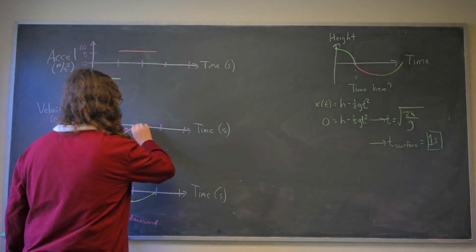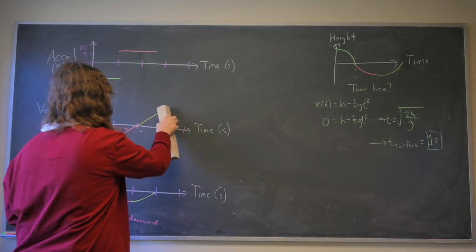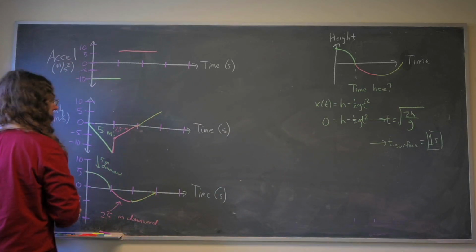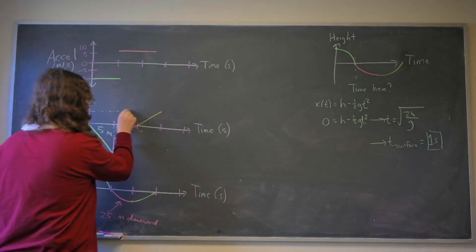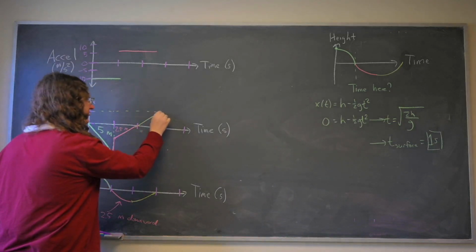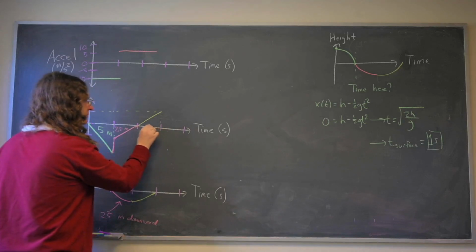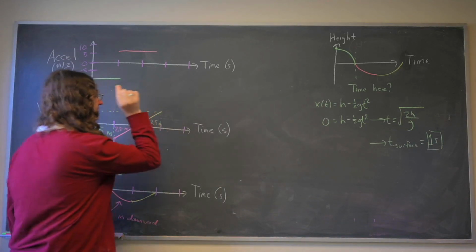So let's continue this. Right, that's 5 meters per second. And then I've got this triangle whose area is plus 2.5 meters.